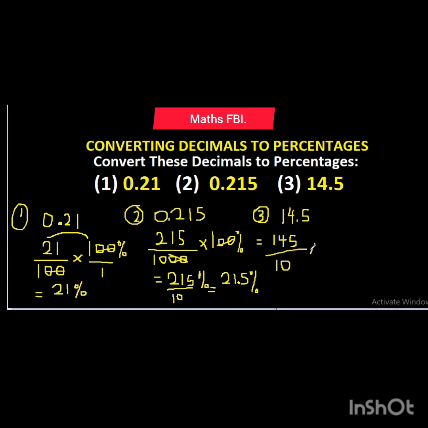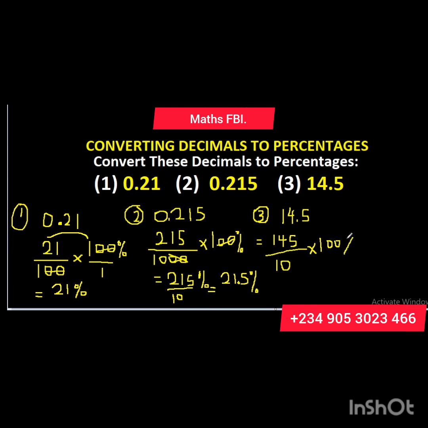So we multiply this by 100%. Divide further: 0 cancels 0, so we are left with 145 times 10, which equals 1,450, percentage sign, over 1.